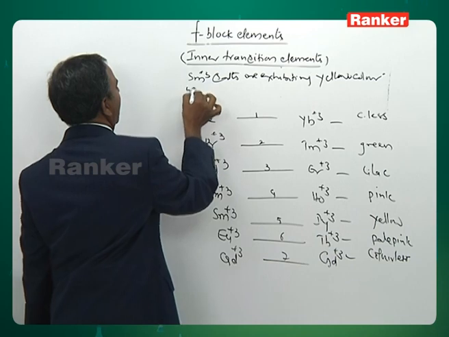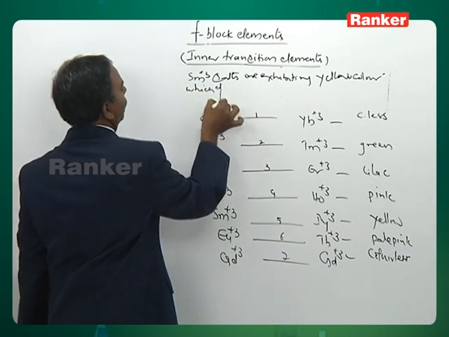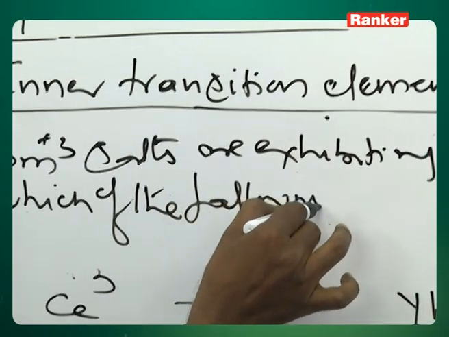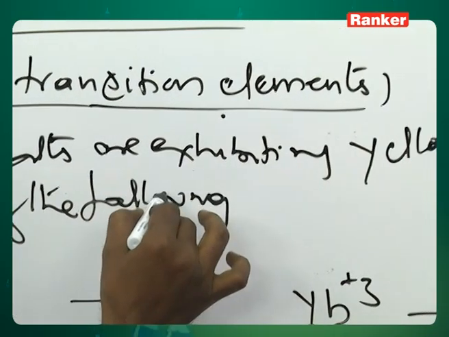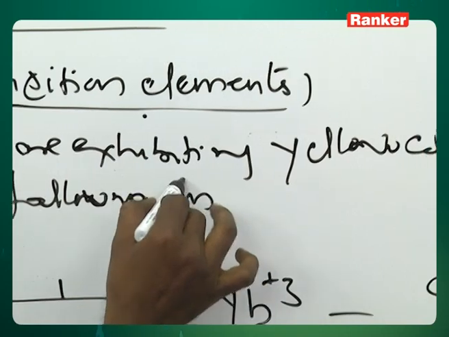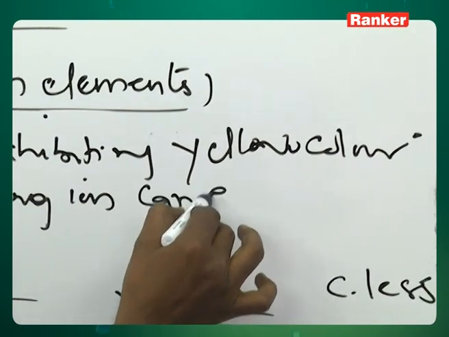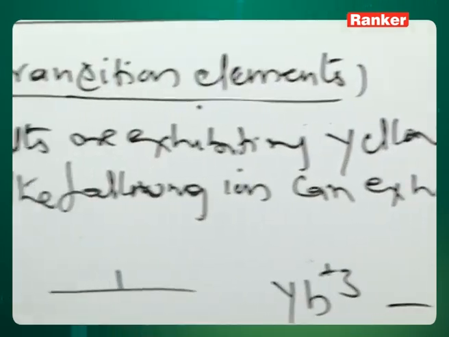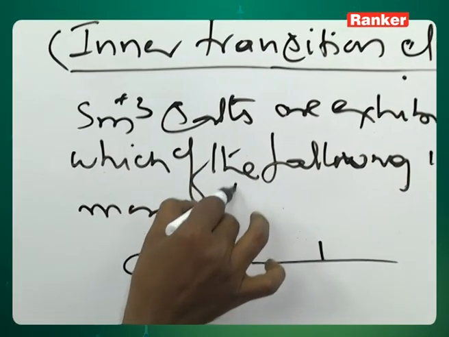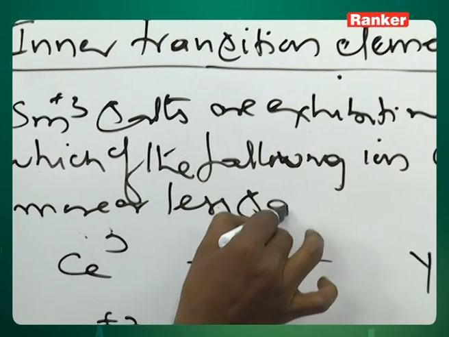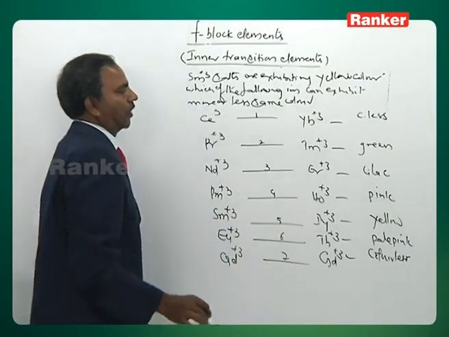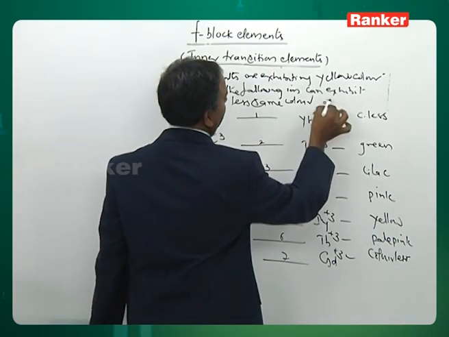Which of the following ions can exhibit more or less the same color? The question appears like this. The multiple choice they will give like this.